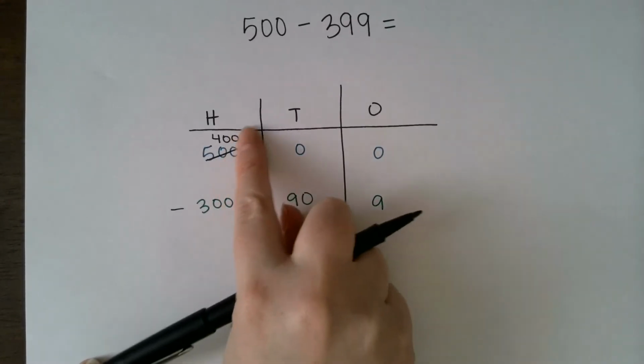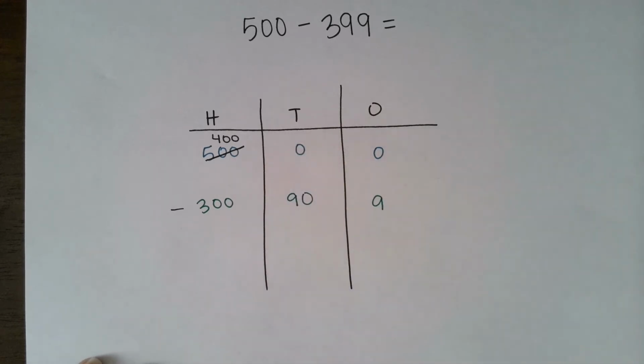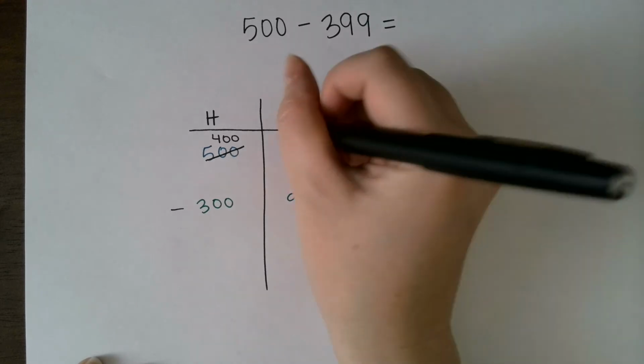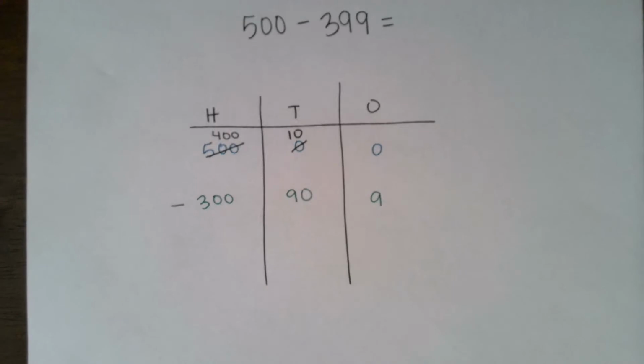So if I'm subtracting a group of 100, that means I have 400 left. And I'm going to move that group of 100 over to the tens place. I know that there are 10 groups of 10 in 100. So now we have 10 groups of 10.